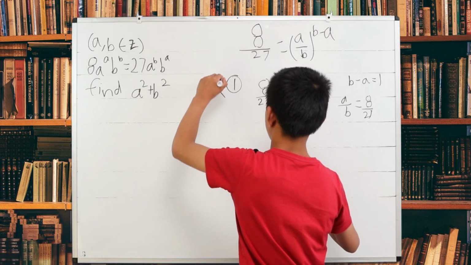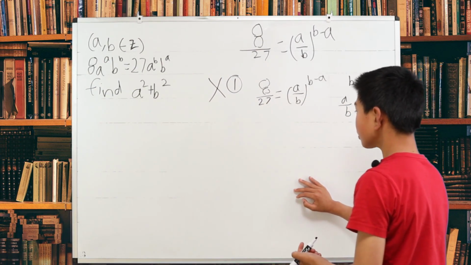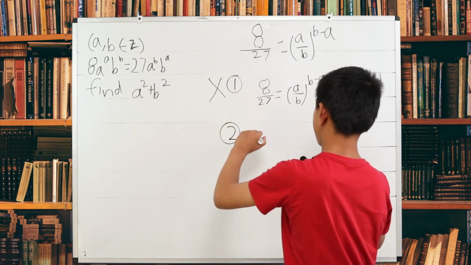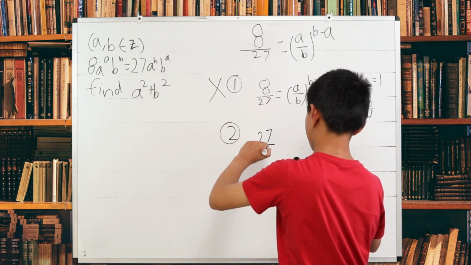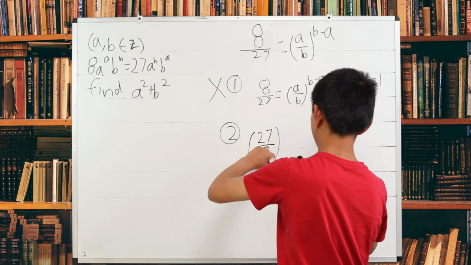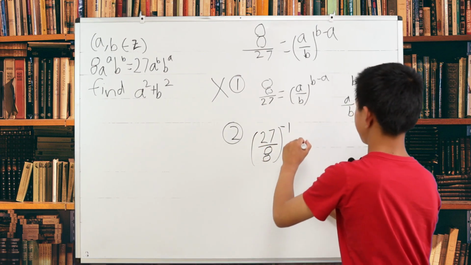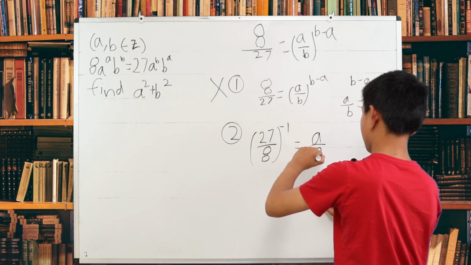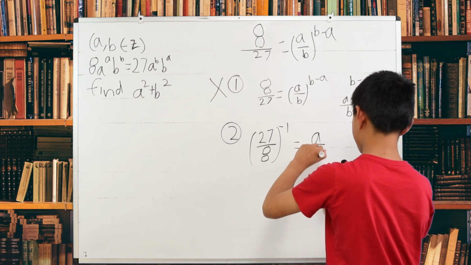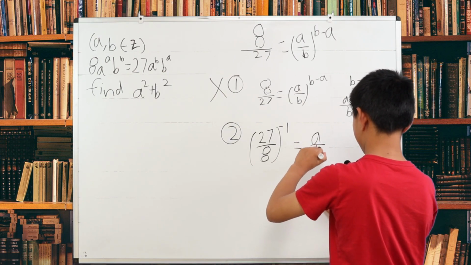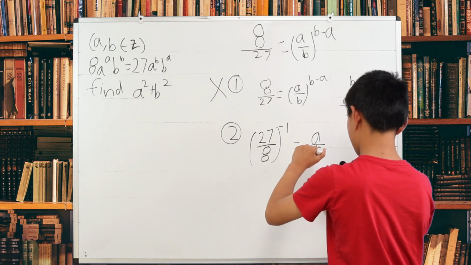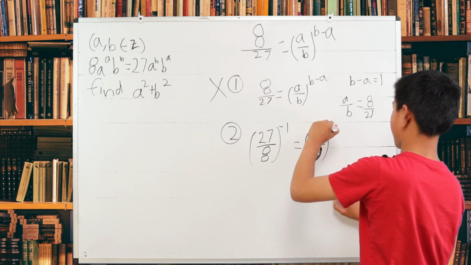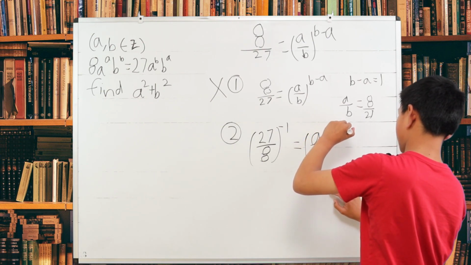So this doesn't work. Now we have our second solution, where 27 divided by 8 to the power of negative 1 is equal to a divided by b, sorry about that, it's b. A divided by b to the power of negative b minus a.